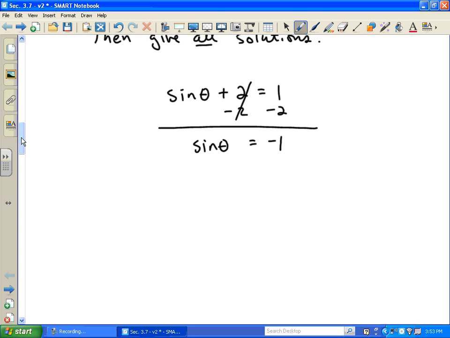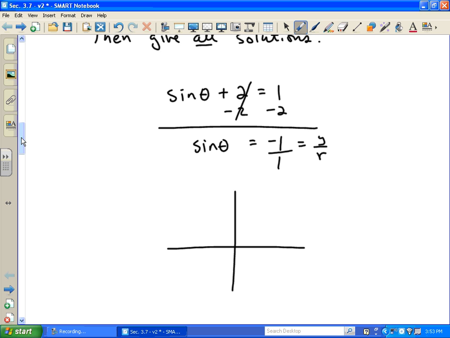Sine of theta I know is equal to y over r. Well, in this case, I have that y over r is equal to negative 1. The r value would have to be positive 1 because r is always positive, which forces the y value to be negative 1. There's only one location that that could happen at.